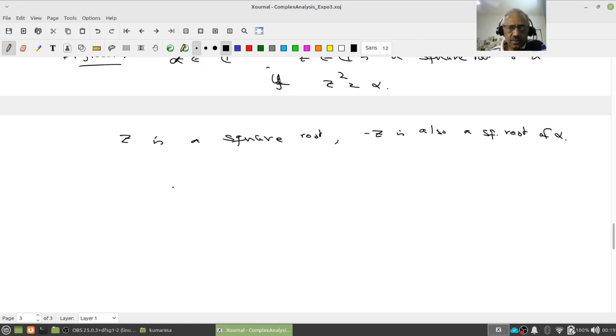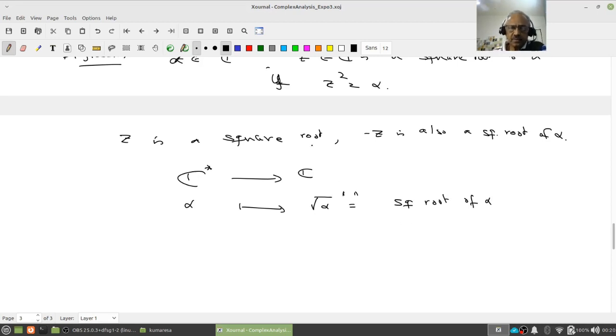Now my question is the following: suppose on C star, I want a map so that given any alpha I choose a square root of alpha, which I simply denote by root alpha.